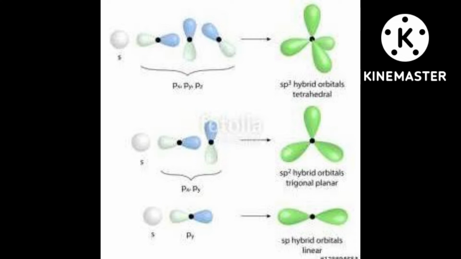Then the fourth condition: it is not necessary that only half filled orbitals participate in hybridization. In some cases, even filled orbitals of the valence shell take part in hybridization. If two electrons are in an orbital, it can also take part.